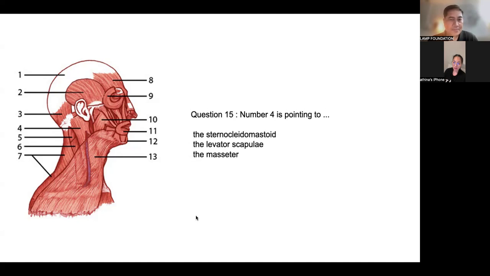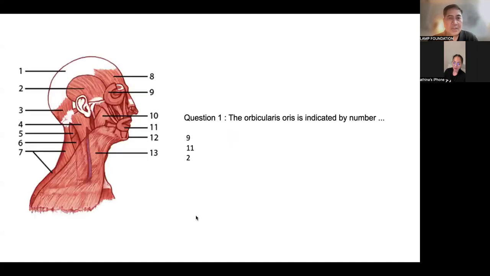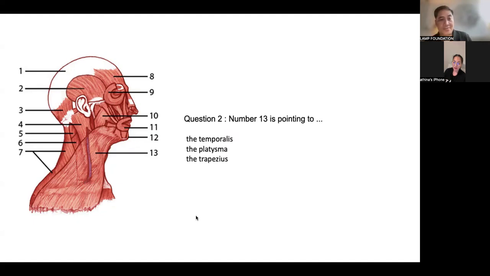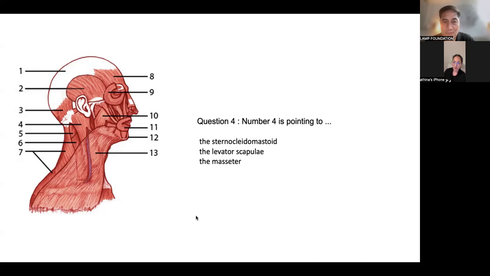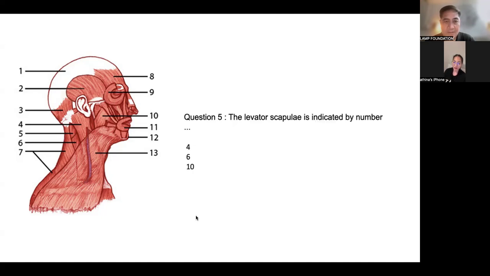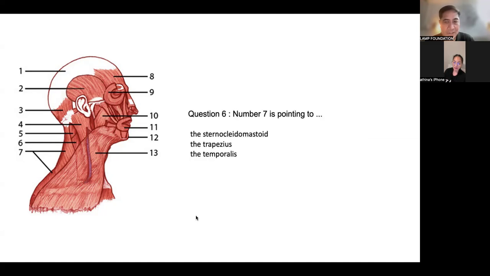Number 4, it's the sternocleidomastoid. Orbicularis oris, it's 11. Number 13, platysma. Mentalis, that is number 12. Number 4, that's the sternocleidomastoid. Levator scapulae, number 6. Number 7.